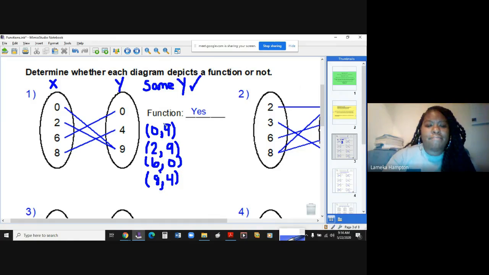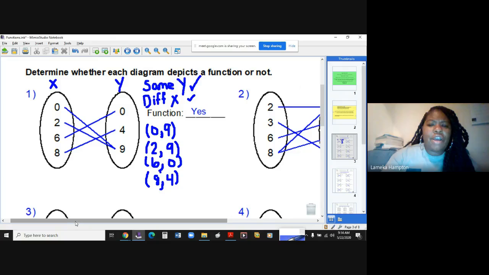That is okay. So same Y, different X's, it's okay. And I probably should have flipped it. So in essence, you can have different X's and the same Y. That will still relate as a function.